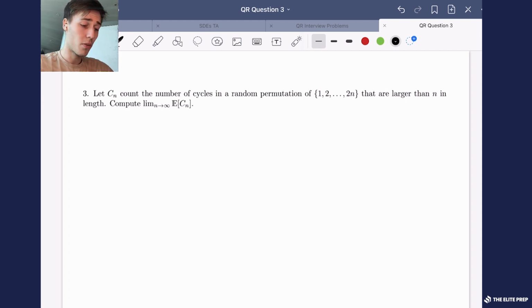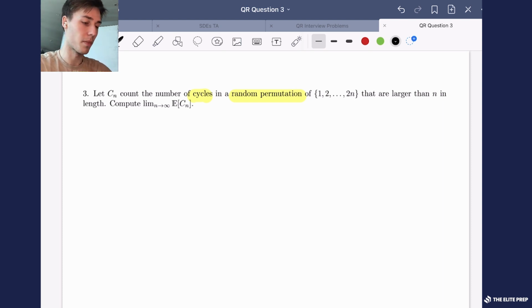So to start off with, I'm going to just introduce what a random permutation is, as well as what a cycle is. A random permutation is just a random selection of the elements which changes their order. So when we're considering these elements 1 through to 2n, the order matters.